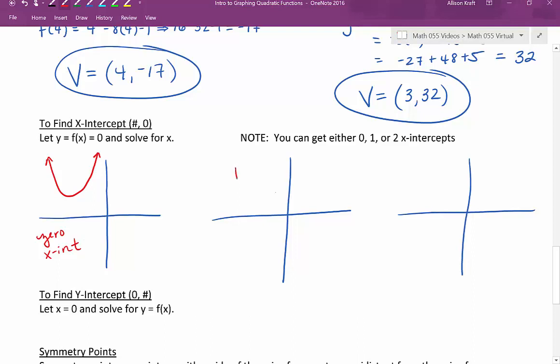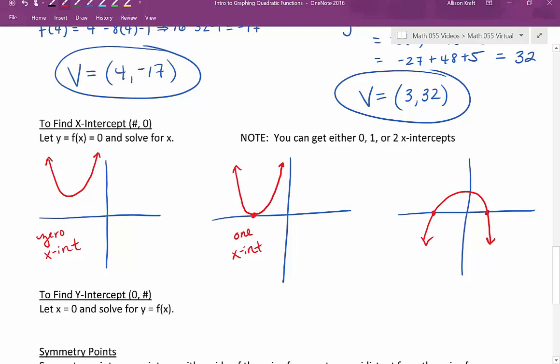If the vertex of your parabola is on the x-axis, then you're going to have exactly 1 x-intercept. And the last option is our parabola could hit it twice.